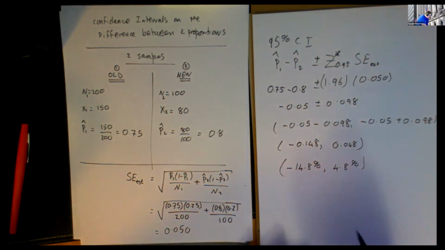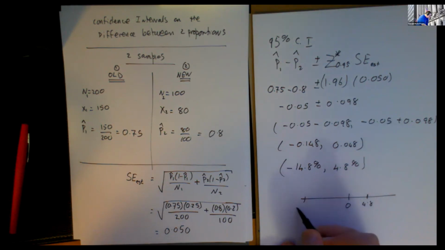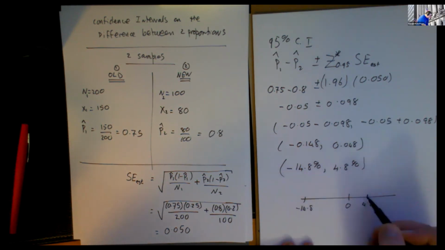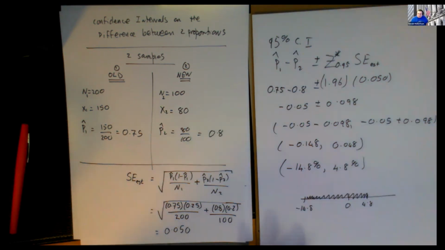So if you visualize what that might look like, there's 0. Over here is roughly 4.8, and way down here is negative 14.8. And anywhere at all in that interval is going to be the difference between the two. So that would typically be the end of the question as far as calculating a confidence interval is concerned.